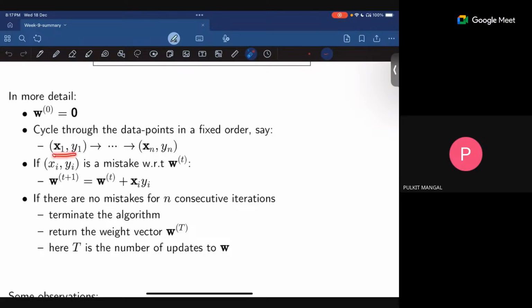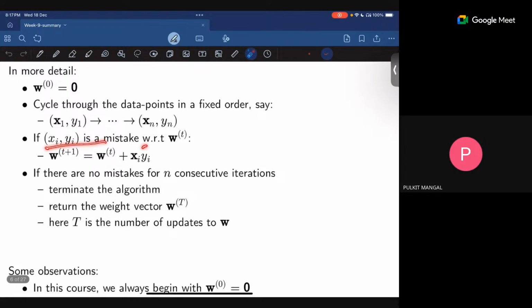If you cycle in the given order, x1, then x2, then x3 till xn, it might give a different vector than if you cycle, let's say, x1, then x3, x4, x5, and x2, x7. So it depends on the way you cycle through your data points, and based on that it might give you a different weight vector also.